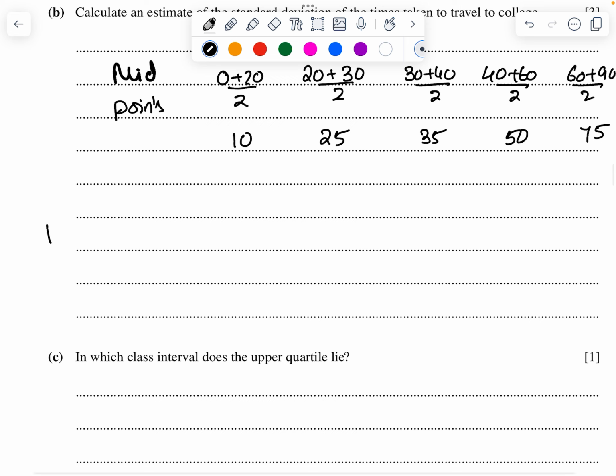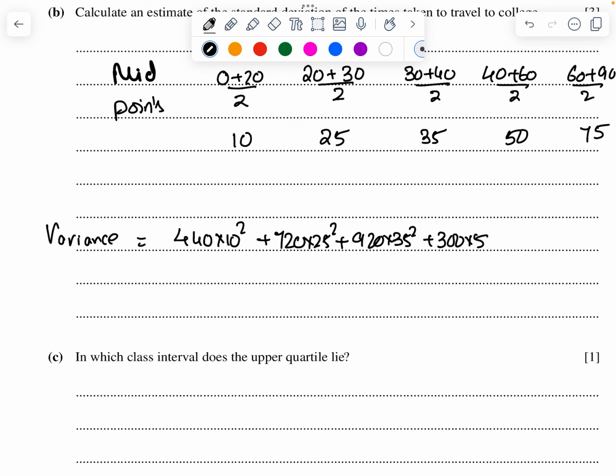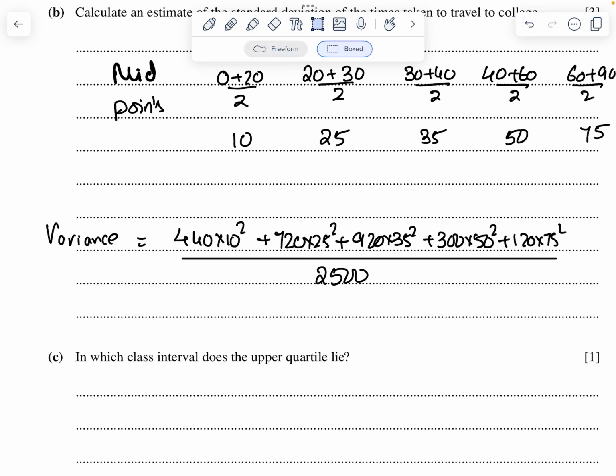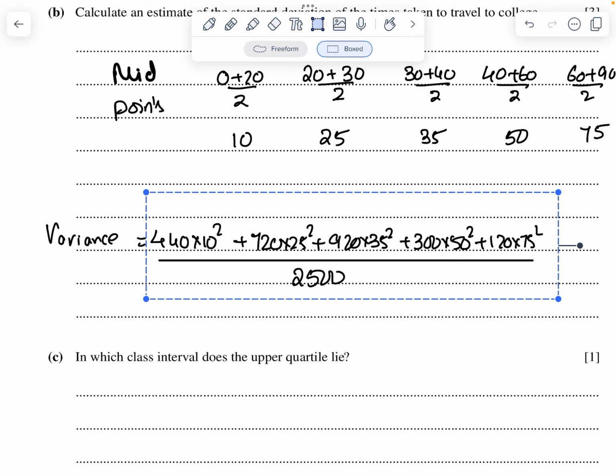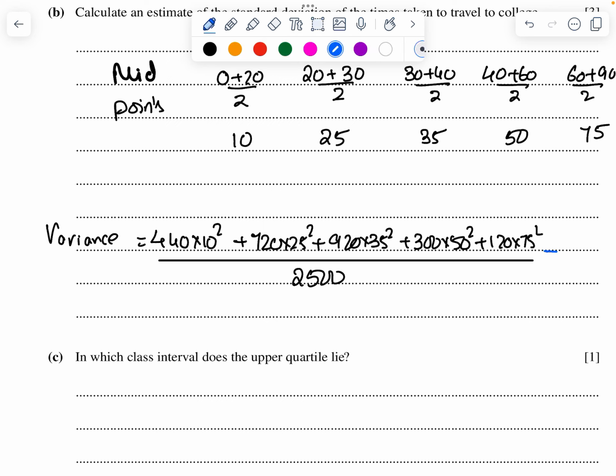I am going to calculate the variance, which is 440 times 10 square plus 720 times 25 square plus 920 times 35 square plus 300 times 50 square plus 120 times 75 square, total divided by 2500, minus, don't forget to do minus, the mean square, 31.44 whole square.